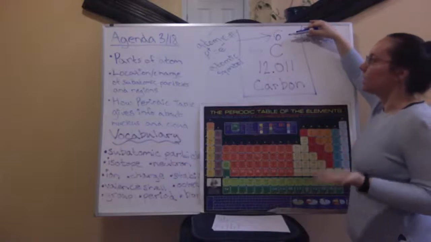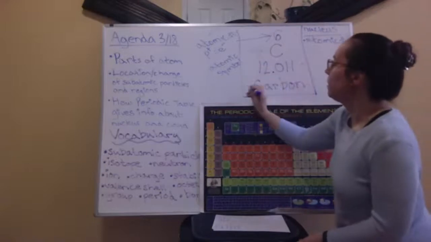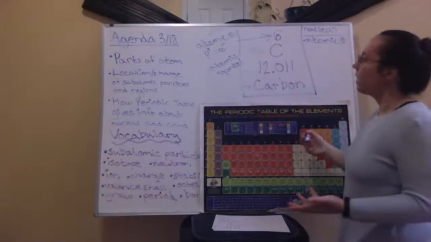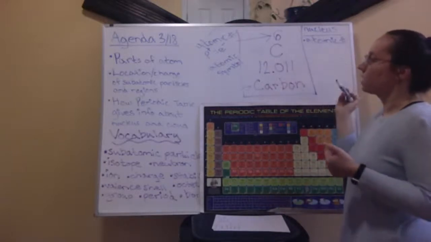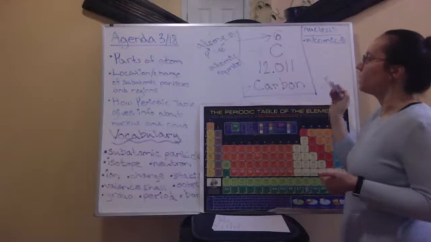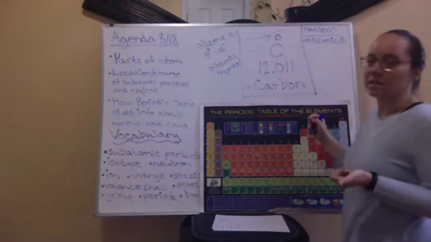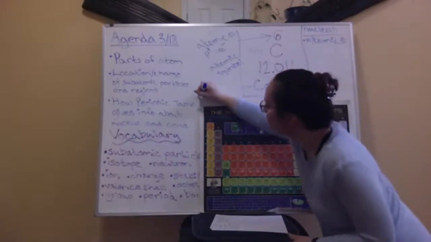So number of protons is what element you're talking about. And so that means that the actual element name is the same thing, right? So if an element has 6 protons, that means it must have a symbol of C. That means it must be carbon. So all 3 of these things are giving you the exact same piece of information. And then this is your element name.